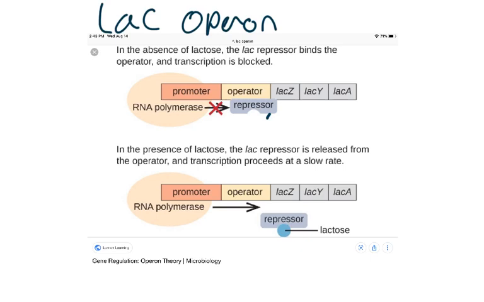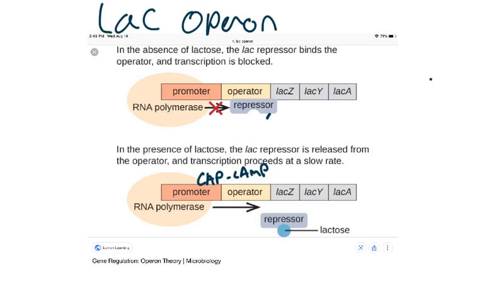Also, another point that's not shown here is when there's no glucose present, we get this molecule called CAP cyclic AMP. And what CAP cyclic AMP does is it helps to recruit RNA polymerase during periods of starvation.